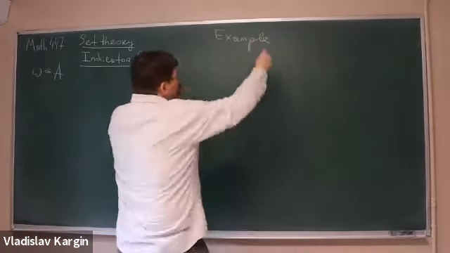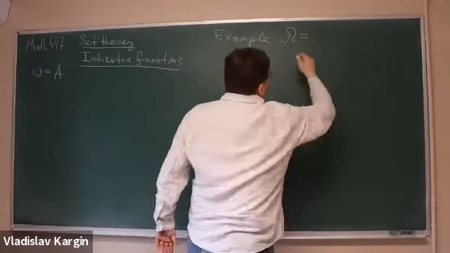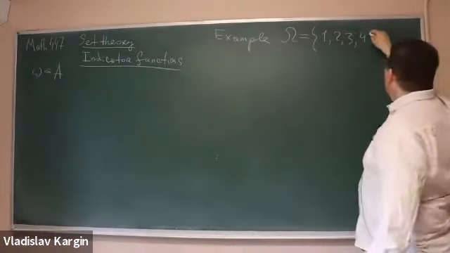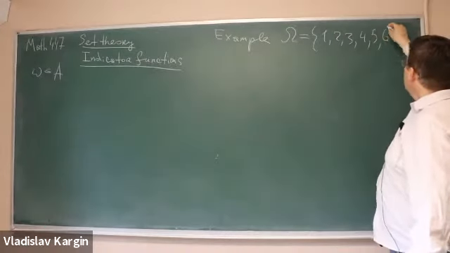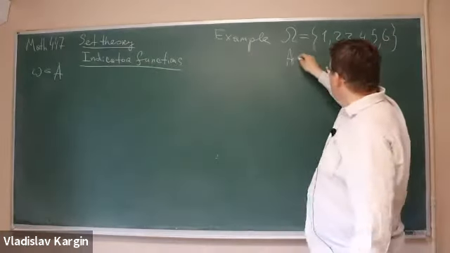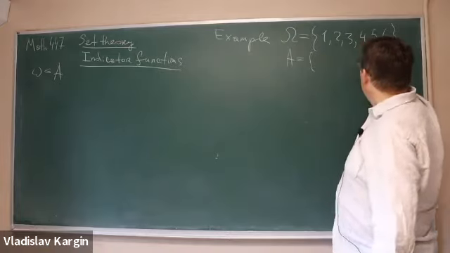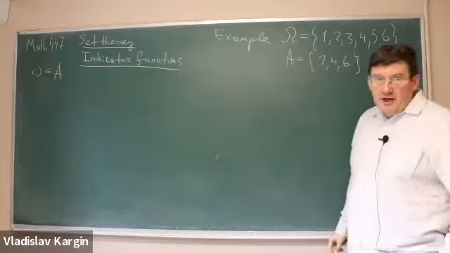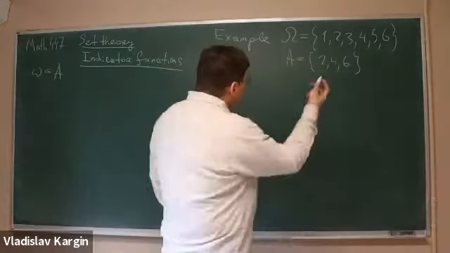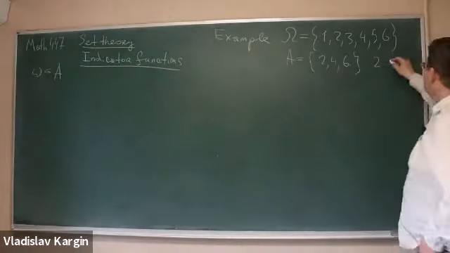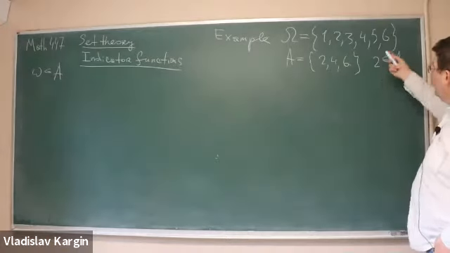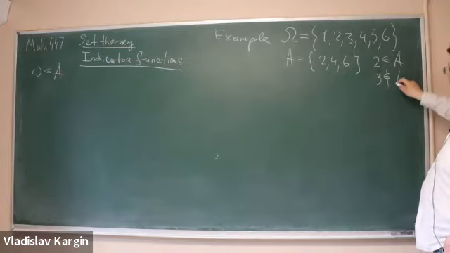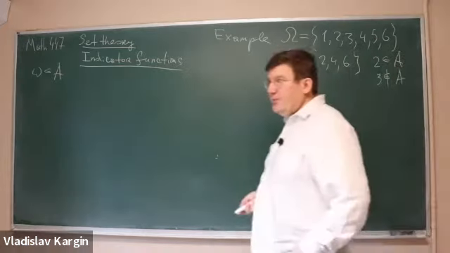We can have omega equal to 1, 2, 3, 4, 5, 6, and say A is all even numbers, 2, 4, 6. We can say about 2 that 2 belongs to A, and say about 3 that 3 doesn't belong to A. This is the basic notation.